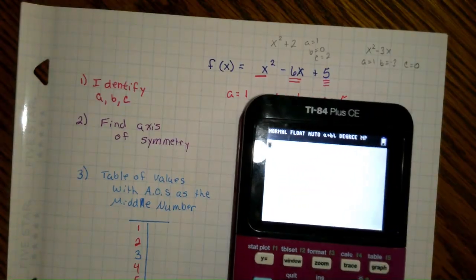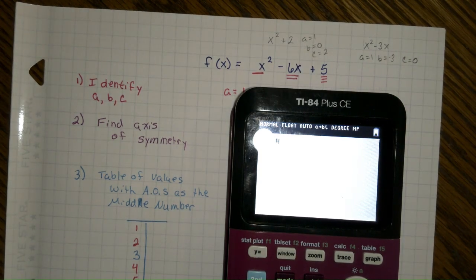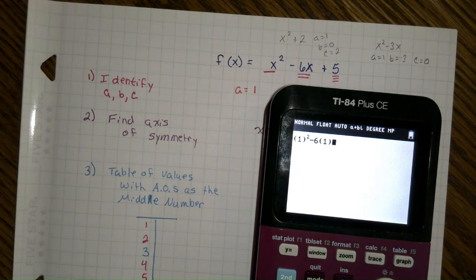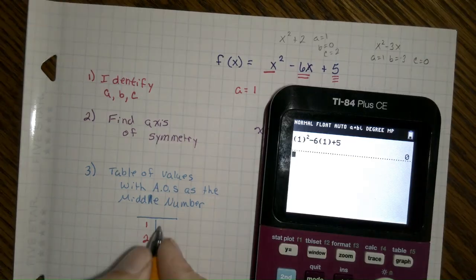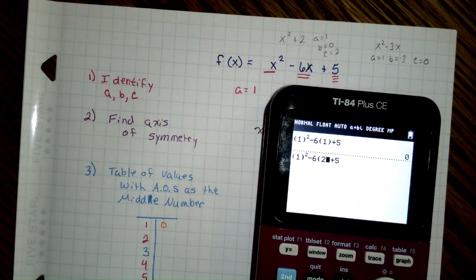Okay. Our x value squared minus 6, the same x value. Hey, that was 0. Change them both to 2.